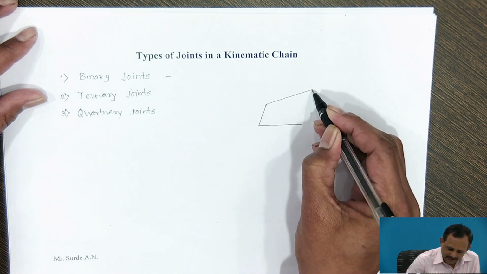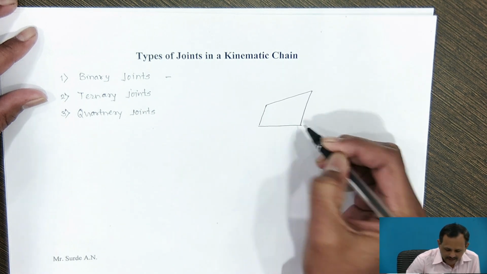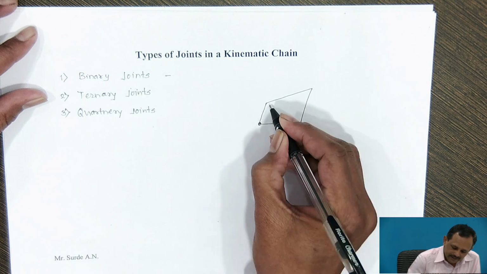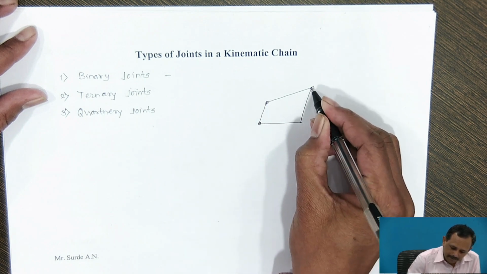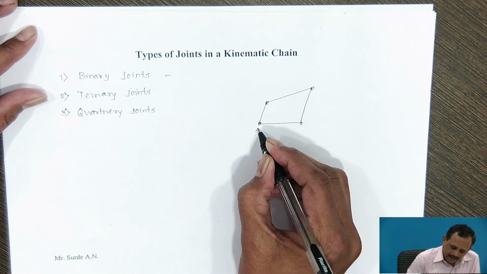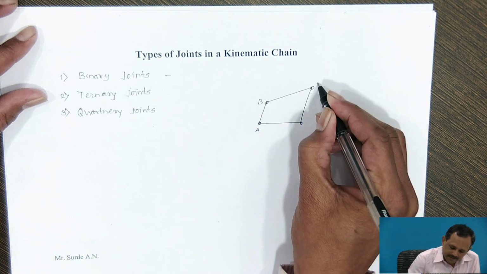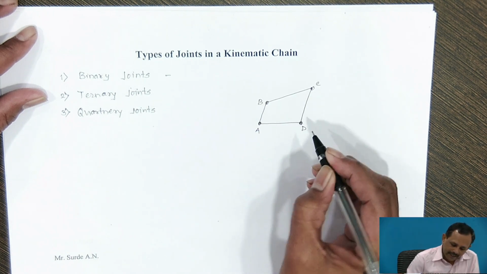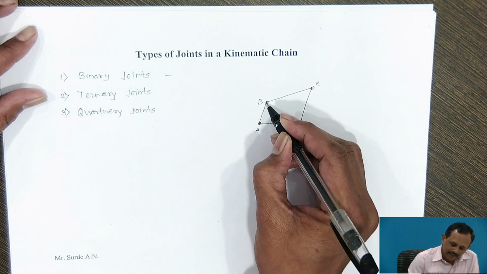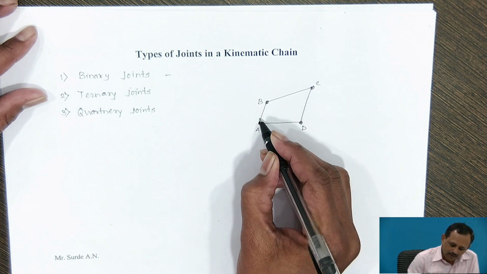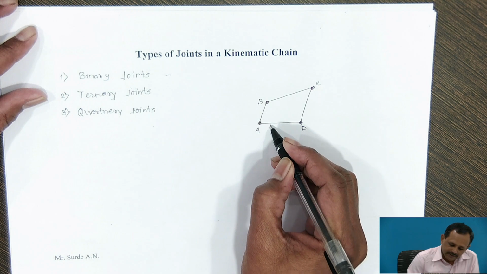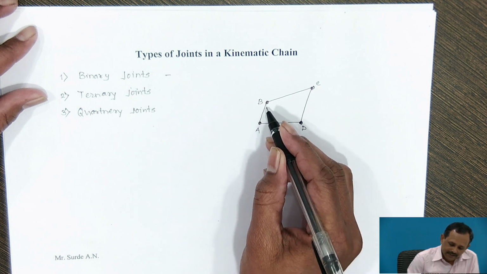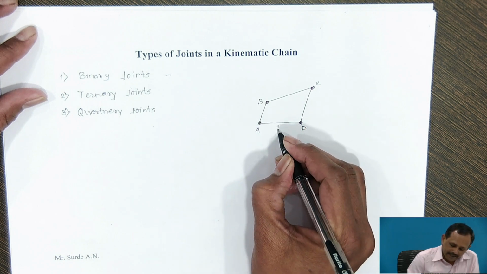There are four links connected with each other at points A, B, C and D. According to the definition of a binary joint, when two links are connected together at the same connection, it is called a binary joint.